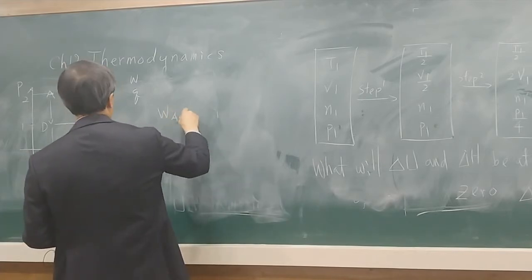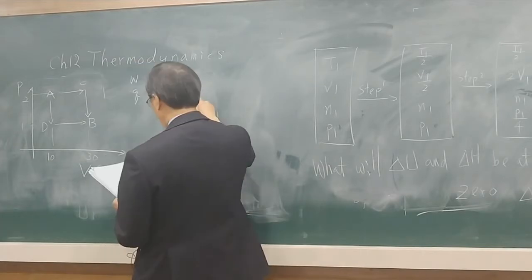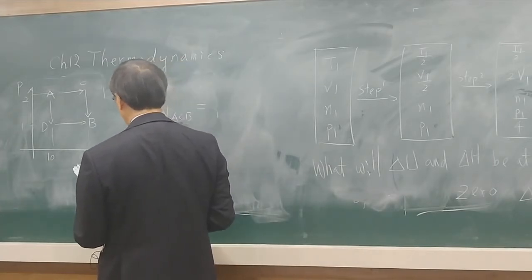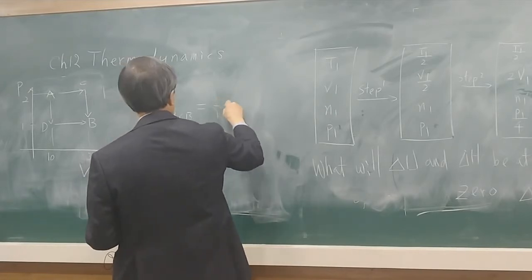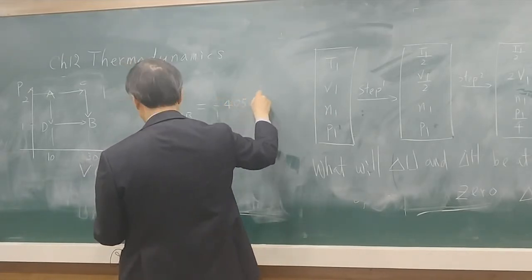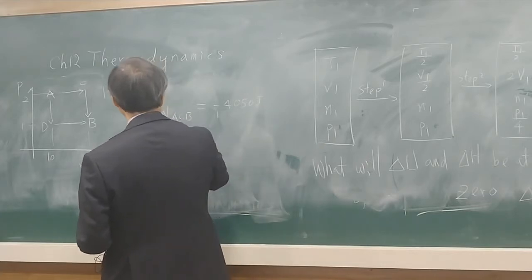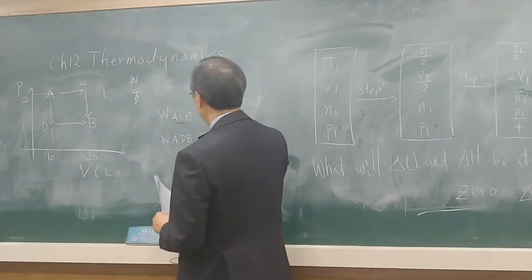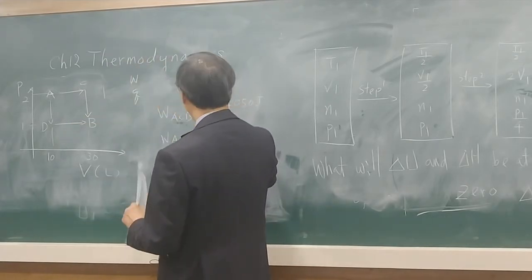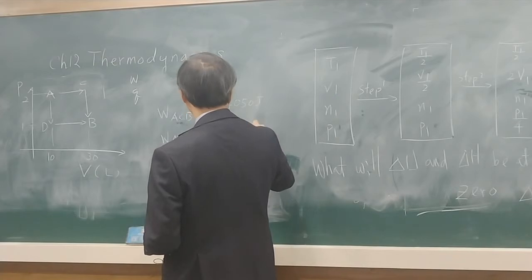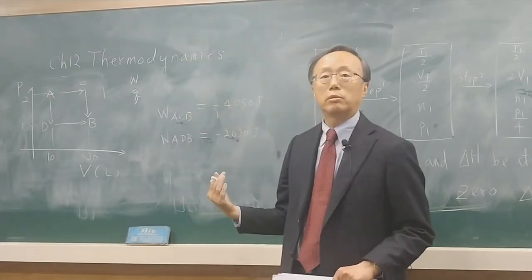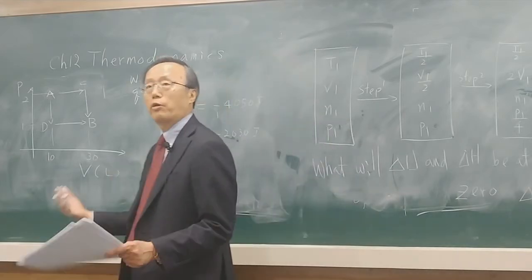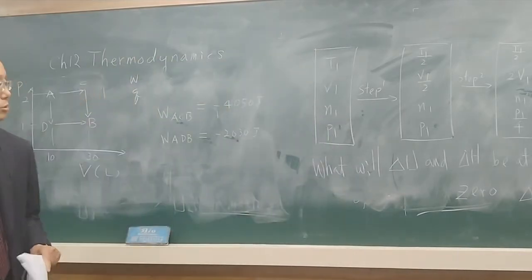W for ACB in this pathway equals minus 4050 joule. ADB equals minus 2030 joule. It's a different value. Different pathway, different value. W is not a state function.